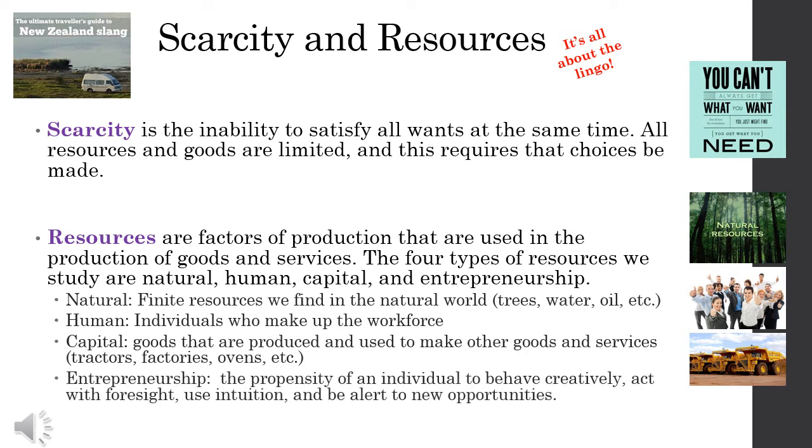That is the propensity of an individual to behave creatively, act with foresight, use intuition, and be alert to new opportunities. What does that look like? It looks like this guy. That's Mark Cuban, and he's used the opportunities that were presented to him to create businesses. Go to the next slide.